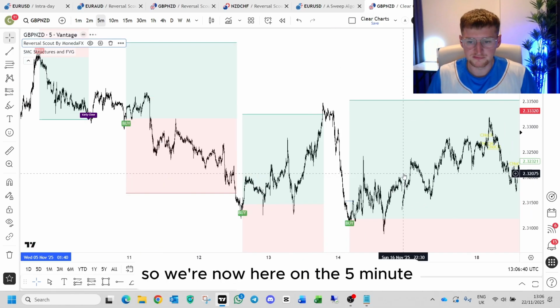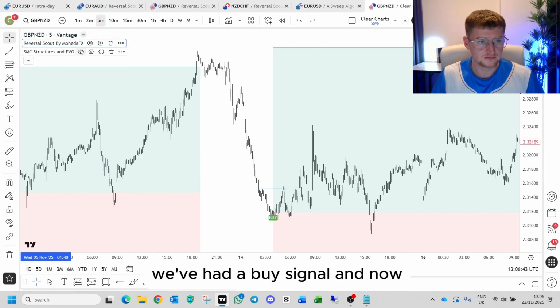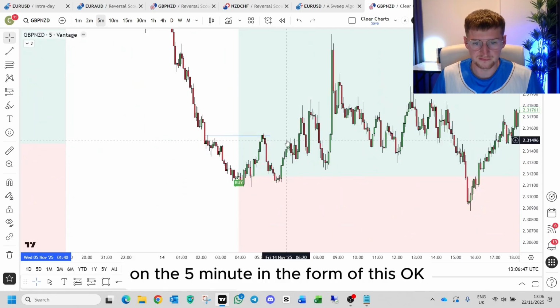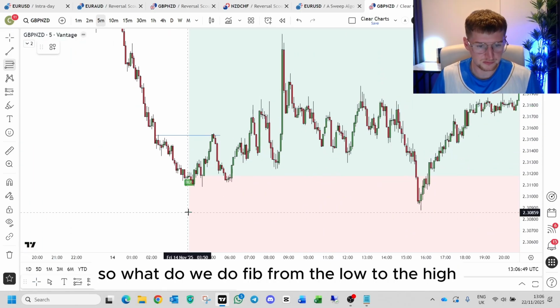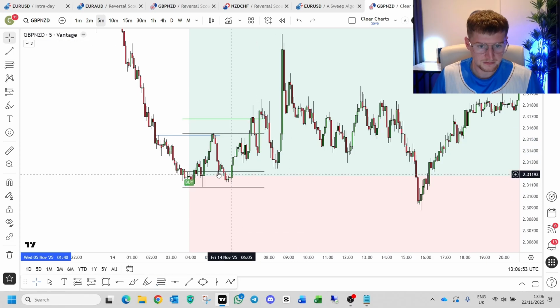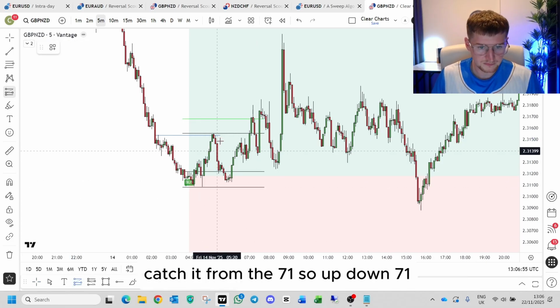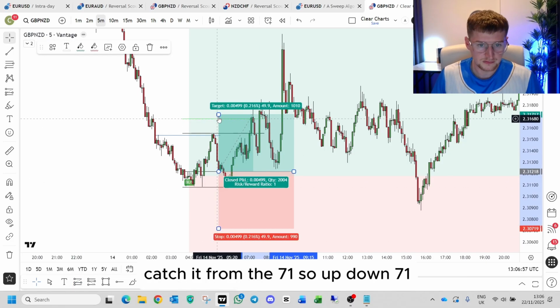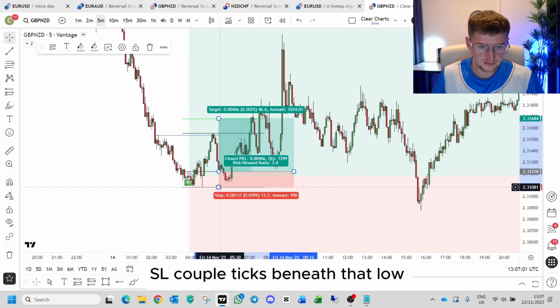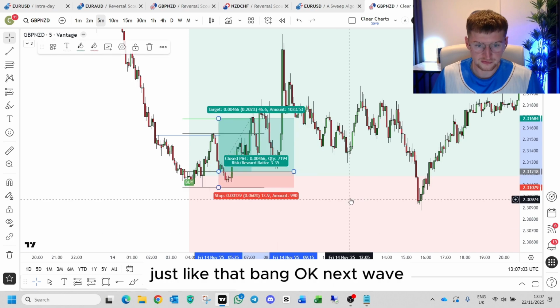So we're now here on the 5-minute. We've had a buy signal, and now we've had the confirmation of that reversal on the 5-minute in the form of this. So what do we do? Fib from the low to the high, catch it from the 71, so up, down, 71, catch it there like that, SL a couple ticks beneath that low, just like that, bang.